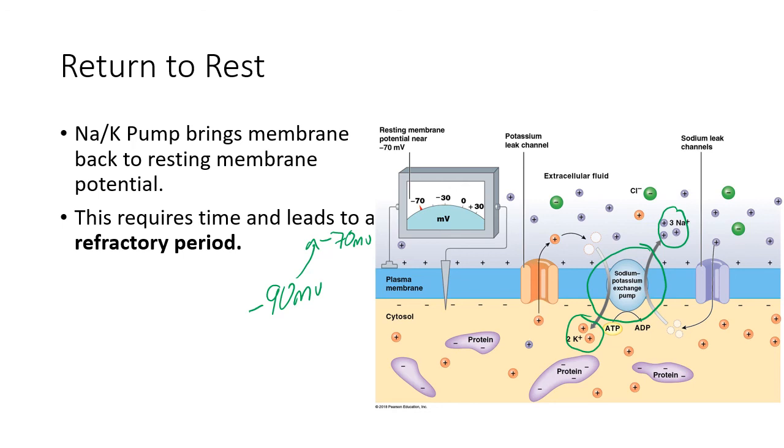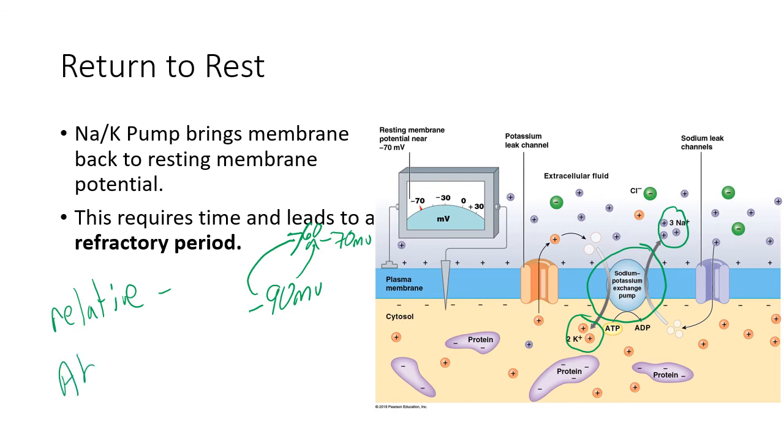This is going to take a little bit of time. So we're going to have a refractory period. We can have a relative refractory period, and this is where we can go from that negative 90 up to negative 60 and still get an action potential.